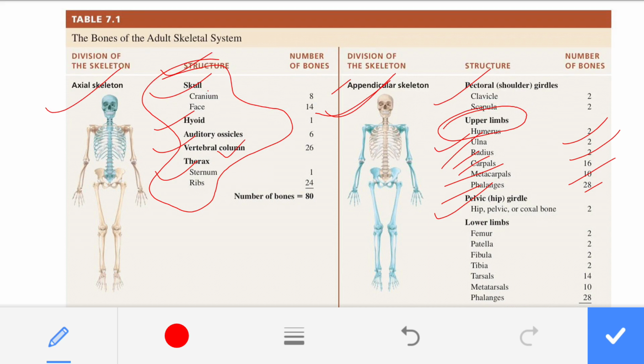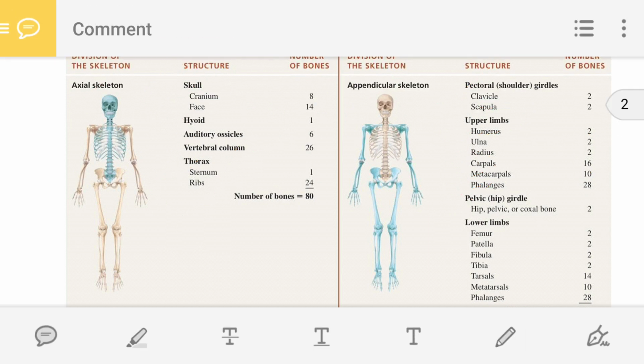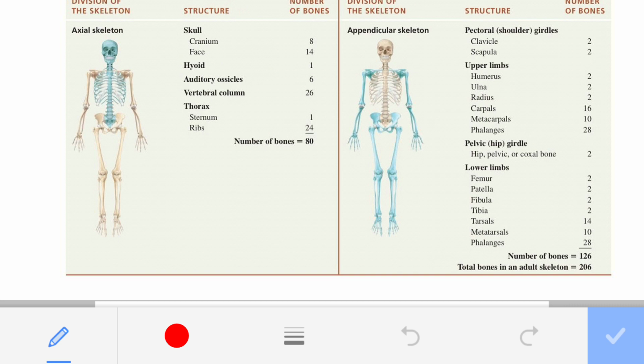Then the lower limbs, these are the bones included in the lower limbs, and these are the numbers. In the figure, one by one, I will show you all the bones, and you can see the numbers also.